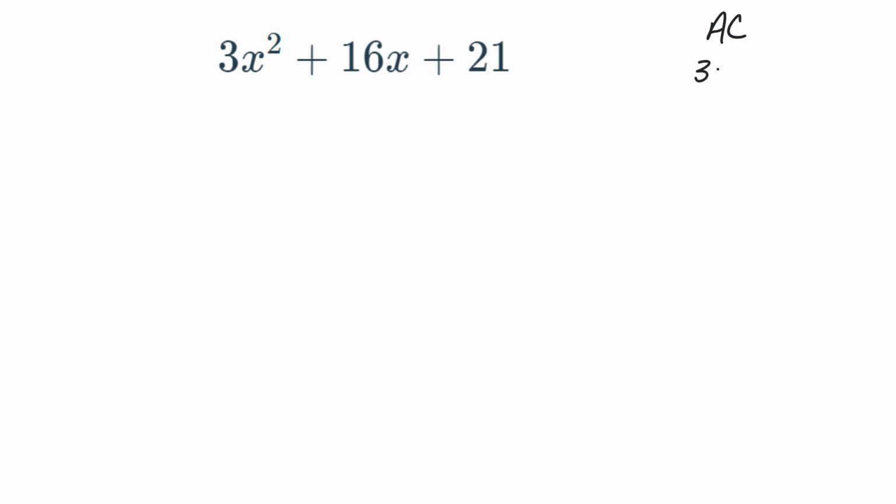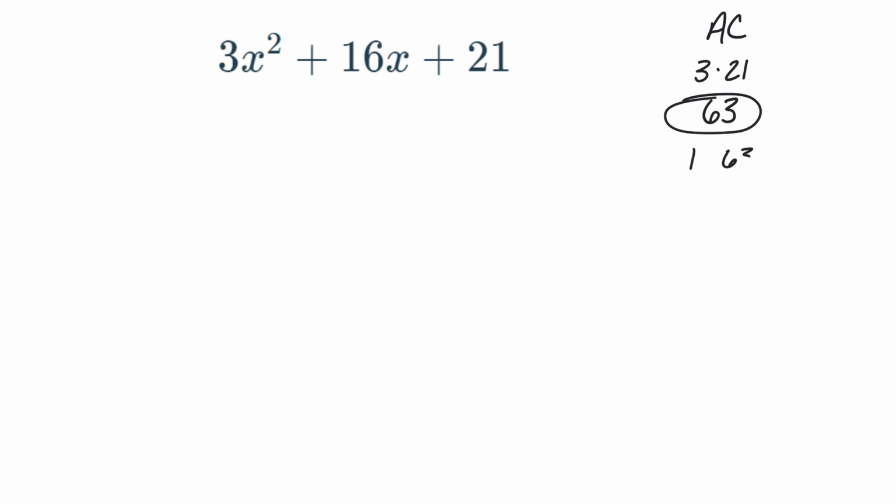We're going to multiply the A term times the C term. So we are going to multiply 3 times 21, which gives us 63. So where we normally found the factors of 21 that could become 16, we are going to focus on the number 63 instead. So let's find all of the factors of 63. And again, we're looking for the factors of 63 that can become 16.